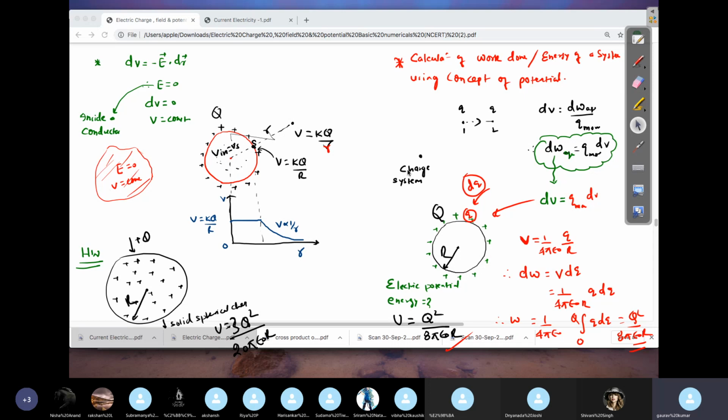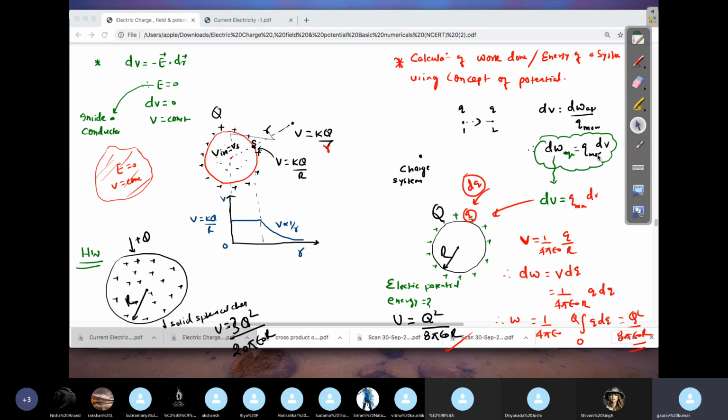Now what I'm teaching here is, let's say you are given a system of charge and a charge is moving from one point to another point. We can always use the potential concept to calculate the work done during this motion. We know dV is given as dw by q, for moving charge q. So dw is also given as q into dV.